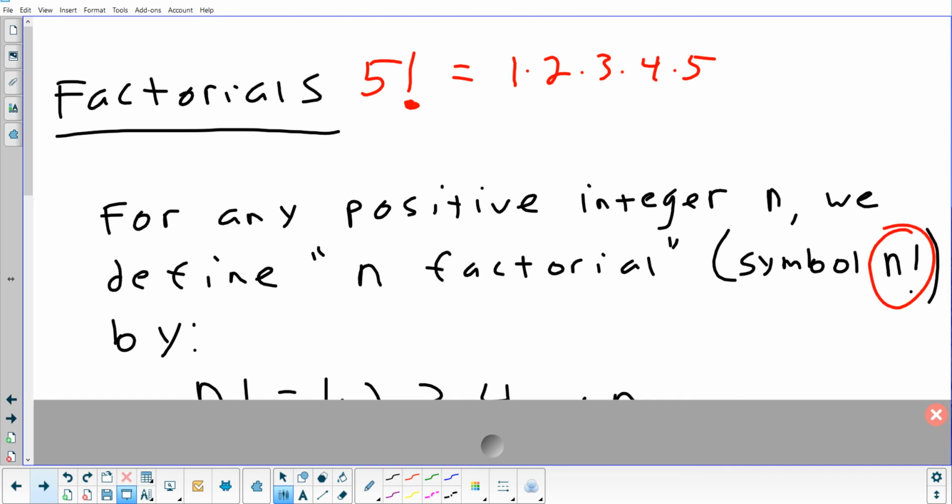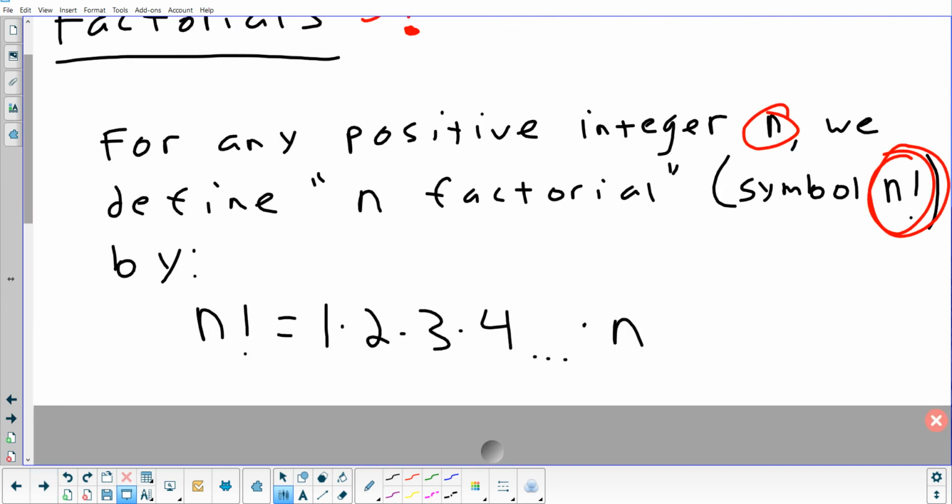N!. And you have to say it that way because it's got an exclamation point. So if you just say n, then I'm going to think you're talking about this. But then if you say n, I'm really excited, I know what you're talking about. So n factorial, n exclamation point, means to do this in general. Multiply every number from 1 up to your number.